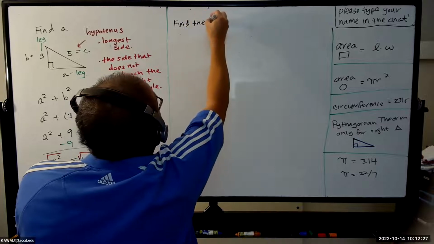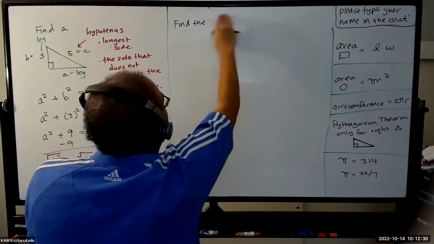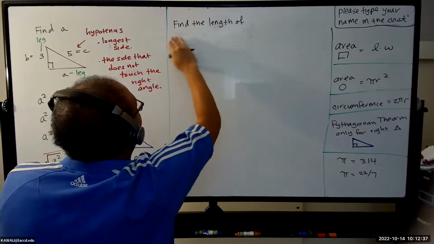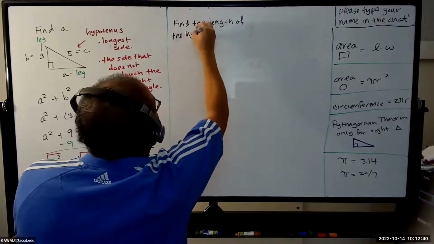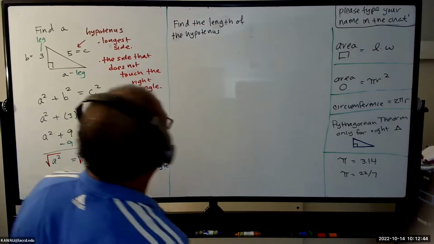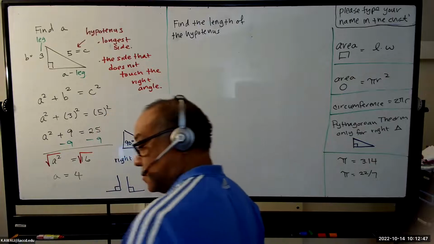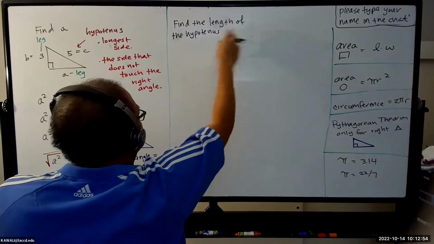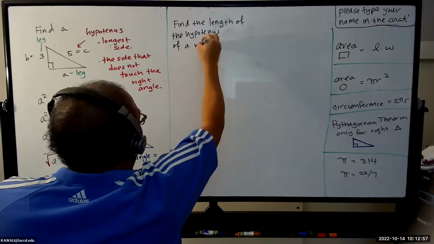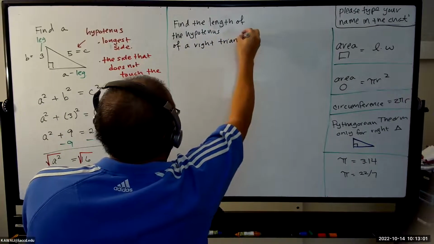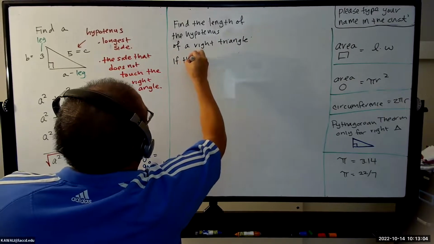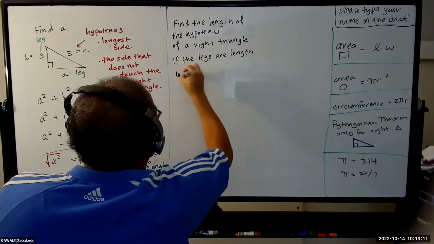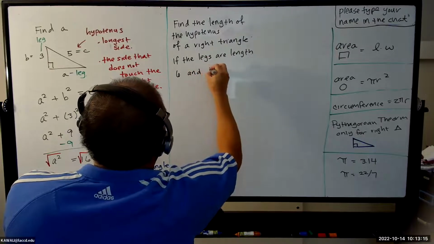Find the length of the hypotenuse of a right triangle if the legs are length 6 and 10.